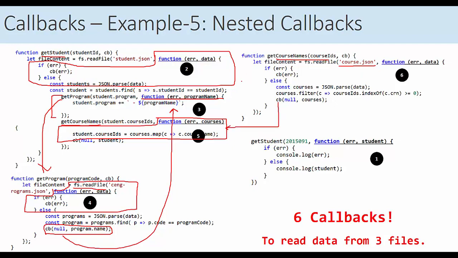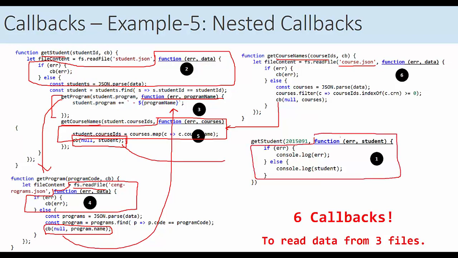Finally, when all the data is ready, data from the programs file, the course file, and the student file, then getStudent here will call back its callback function, which is this one here. Here we made 6 callbacks to get only the student, course names, and the program name from 3 files.